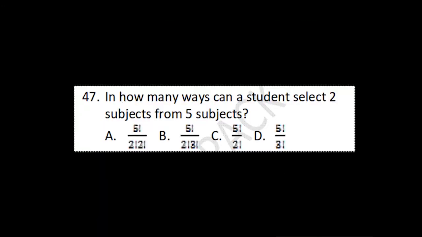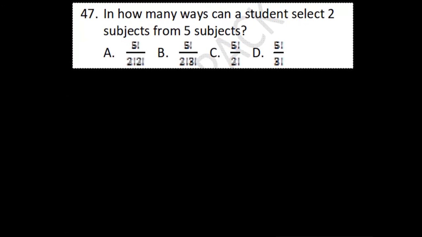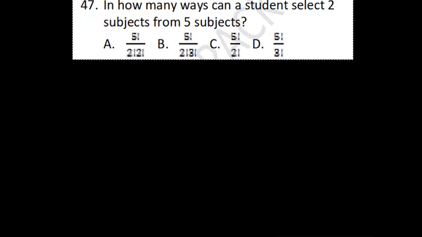In how many ways can a student select 2 subjects from 5 subjects? So from 5 subjects, the student is selecting 2. That's 5 combination 2.